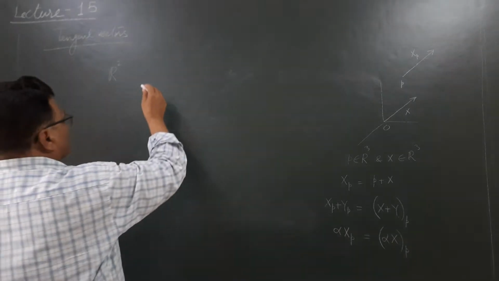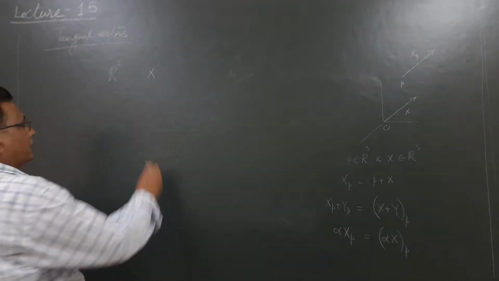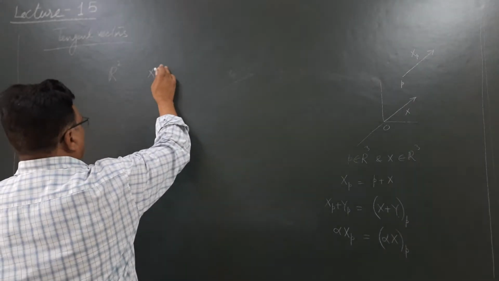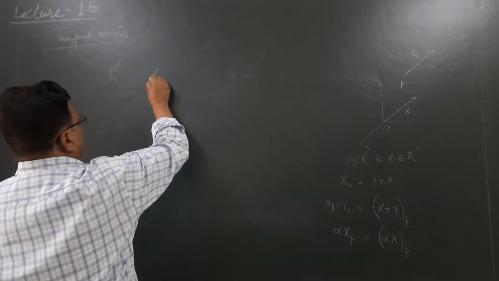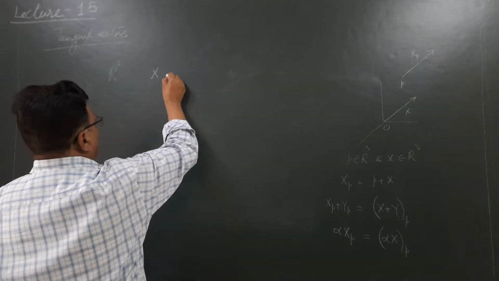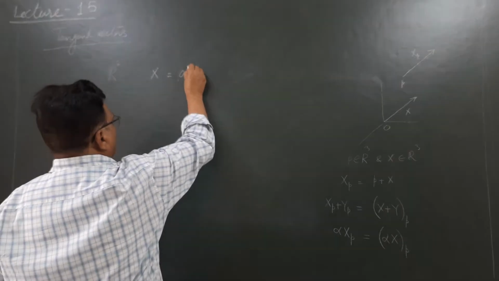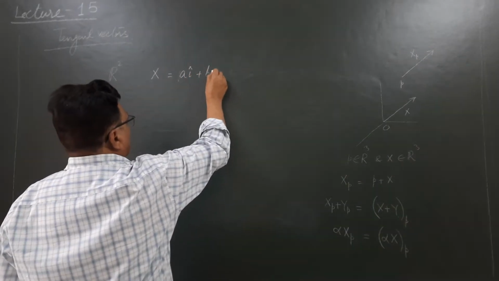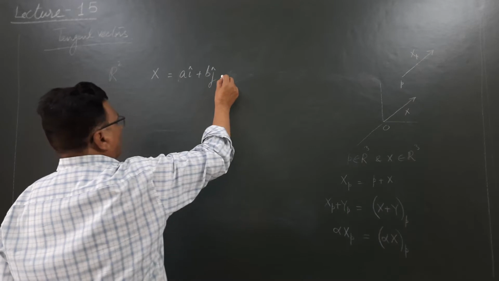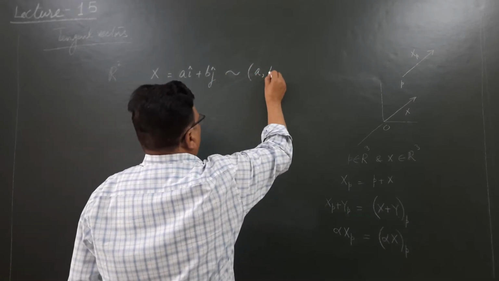And suppose there is a vector in R2, let me denote it by ai plus bj, or you can also identify this vector by (a, b).